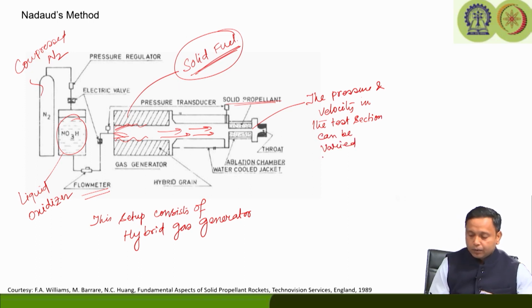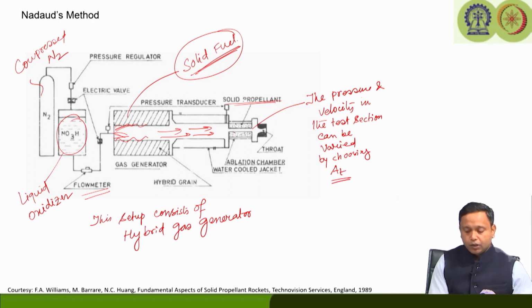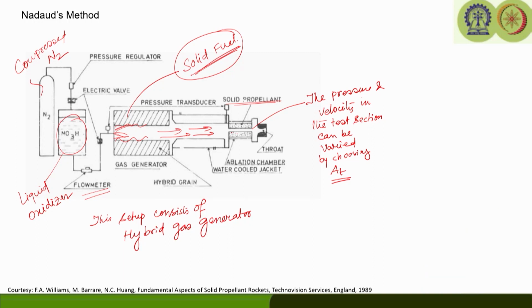How are we varying it? By choosing the throat size, AT. You can change the throat area, and accordingly the pressure and velocity in the test section can be varied. Now, the operating characteristics will give the mass flow rate of oxidizer and the average fuel consumption rate during the burning. We can get the mixture ratio also if we know the mass flow rate of fuel and the mass flow rate of oxidizer.